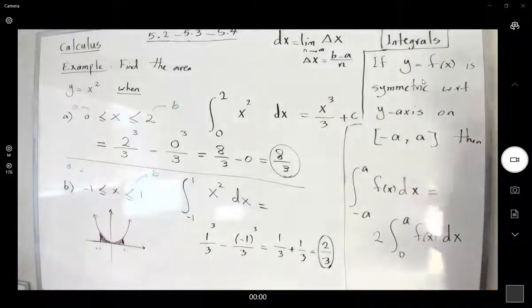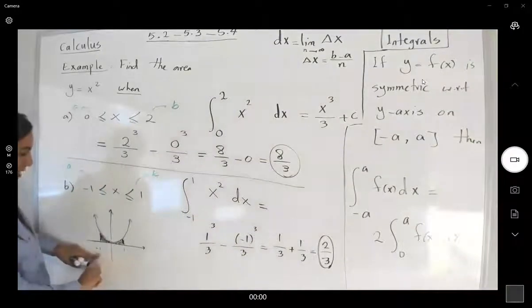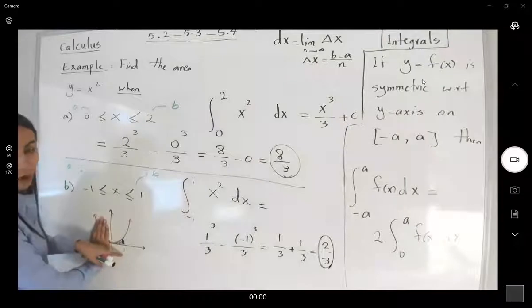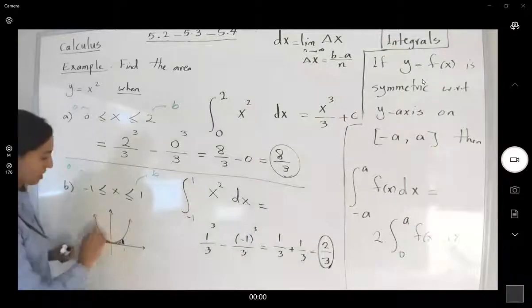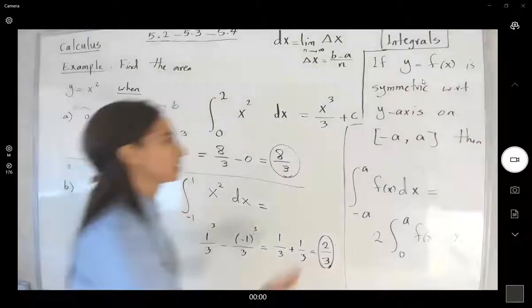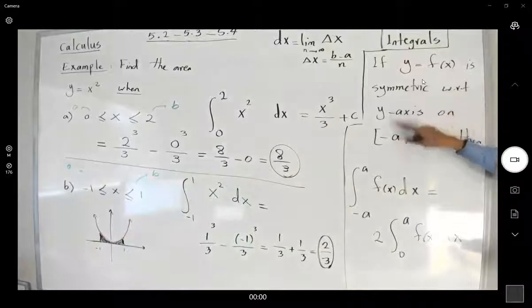So here I could say, hey, instead of calculating the area from -1 to 1, I can just calculate the area from 0 to 1, which is a third, and then multiply by 2, which is 2 thirds. Following a symmetric function over -a to a.